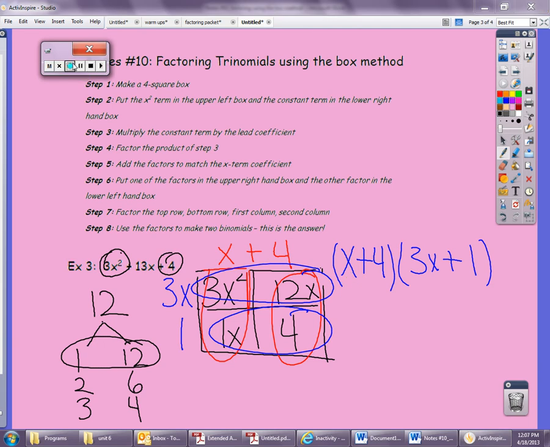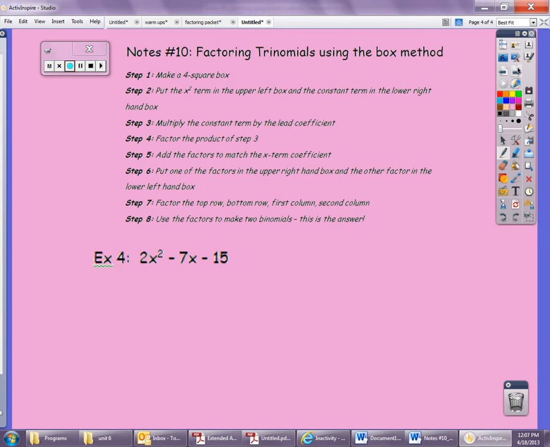So let's look at the last problem. Okay, so step 1, make a 4 square box. Step 2, put the x squared, so it's 2x squared, and the constant term is negative 15.